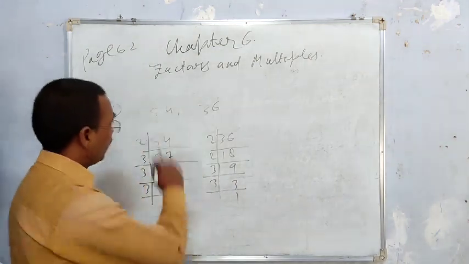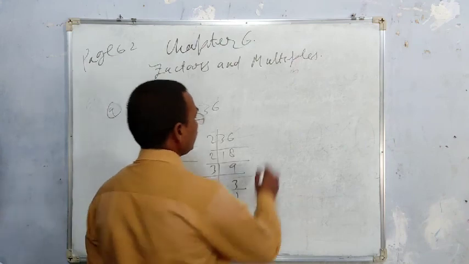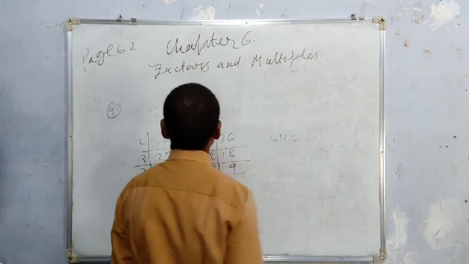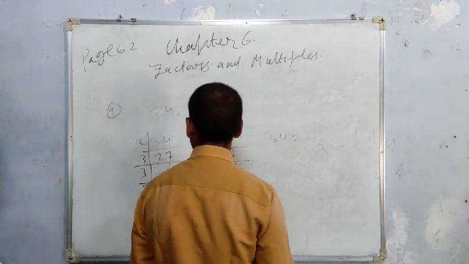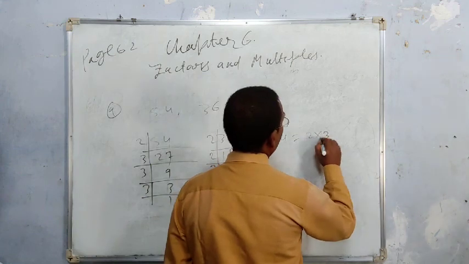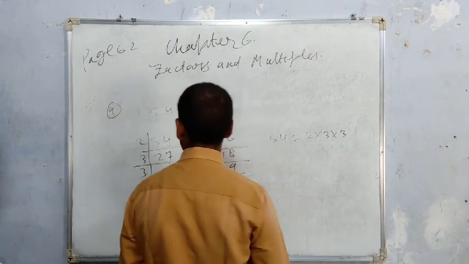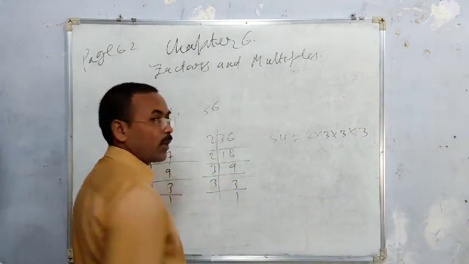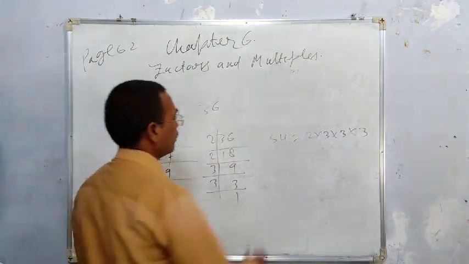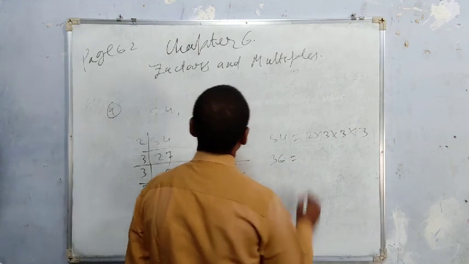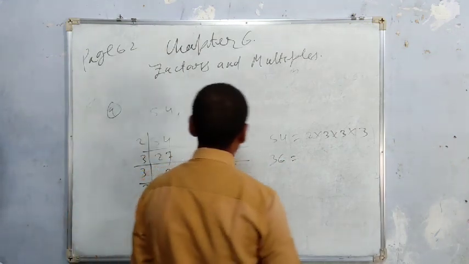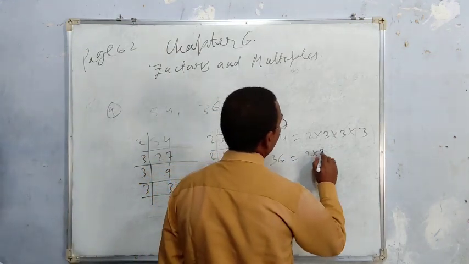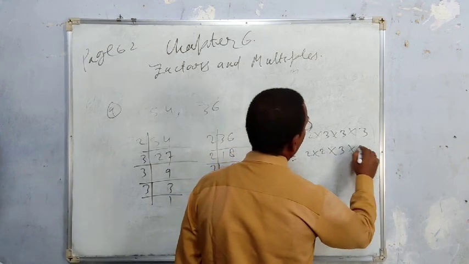Then we have to write the prime factorization of both numbers. The prime factorization of 54 is 2 into 3 into 3 into 3, and the prime factorization of 36 is 2 times 2 and 2 times 3.